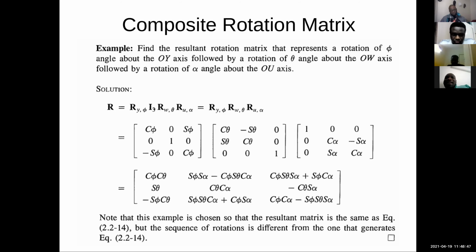Example: find the resultant rotation matrix that represents a rotation of theta angle about the OY axis, followed by a rotation of theta angle about the OW axis, followed by a rotation of alpha angle about the OU axis.